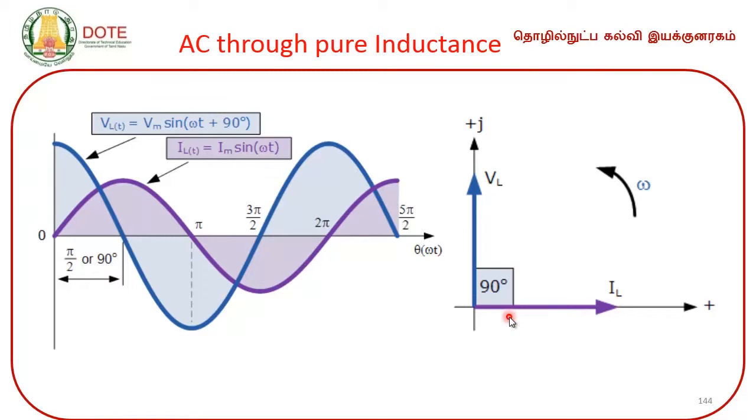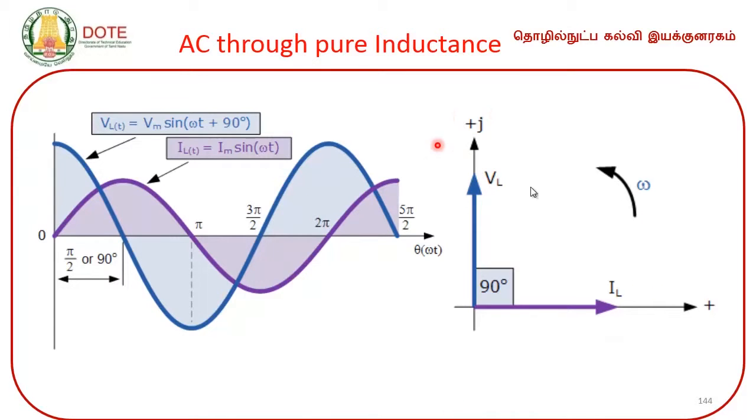So current lags the voltage by 90 degrees. Okay, so how can you say the lag? See, the direction is anti-clockwise, and the angle in radians we have represented here. So the direction is like this: 0, 90, 180, 270 and 0.